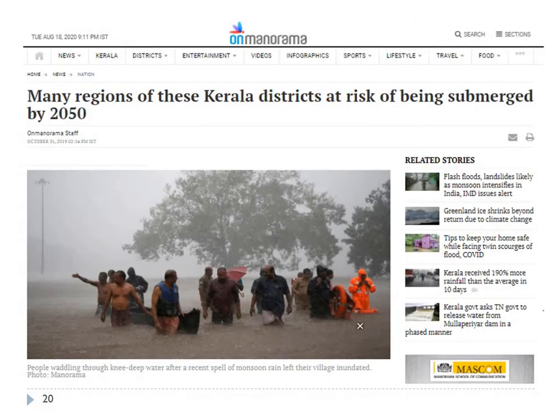This is again another news article dated October 2019. Many regions of these Kerala districts at risk of being submerged by 2050. So this is something very alarming. We are now living in 2020 and 2050 is just 30 years ahead.